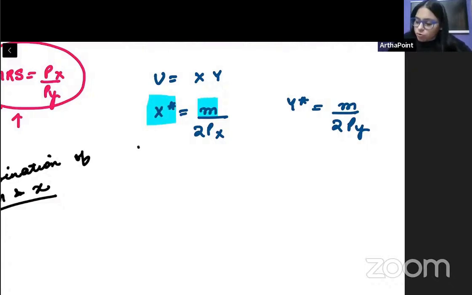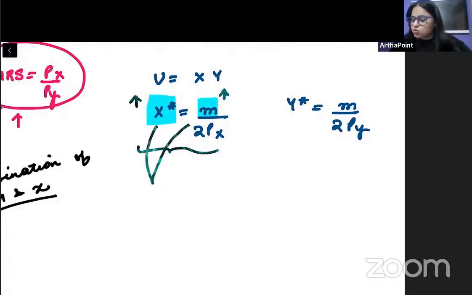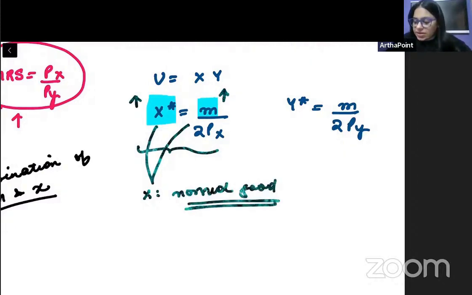And from here only I can see that when my income will increase, income numerator में आ रही है, as my income will increase, the demand of X will increase. So this also guides me to the fact that X is a normal good, because as your income is increasing, your demand is increasing.